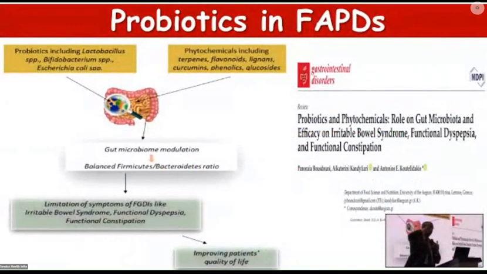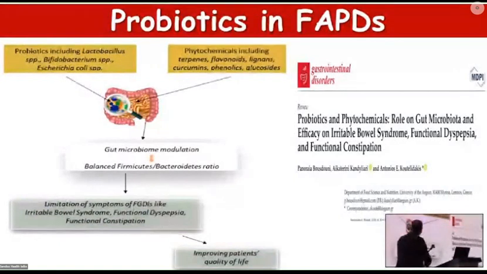Regarding the functional abdominal pain disorders, this paper was published in 2022 about the use of probiotics and some phytochemicals in management of functional abdominal pain disorders. They recommend the use of probiotics, whether Lactobacillus species, Bifidobacterium species, or E. coli species, and phytochemicals like flavonoids, phenolics, and curcumin.